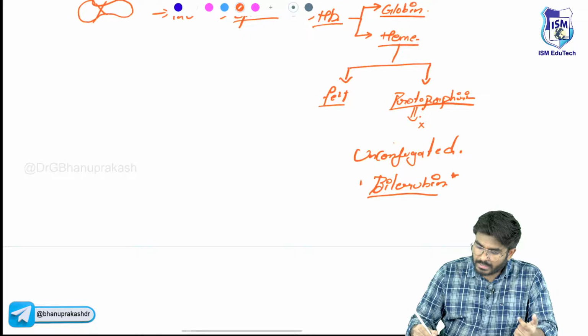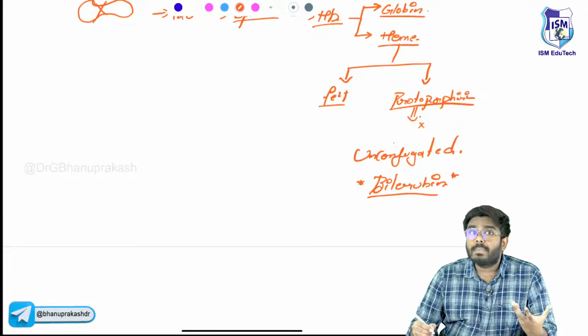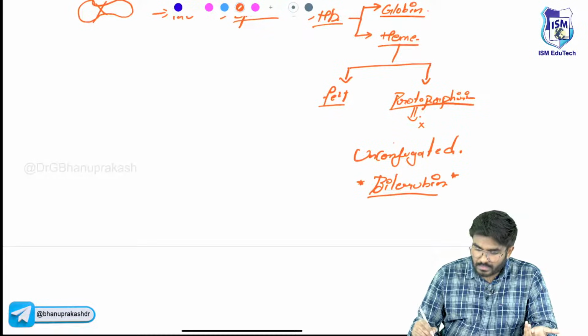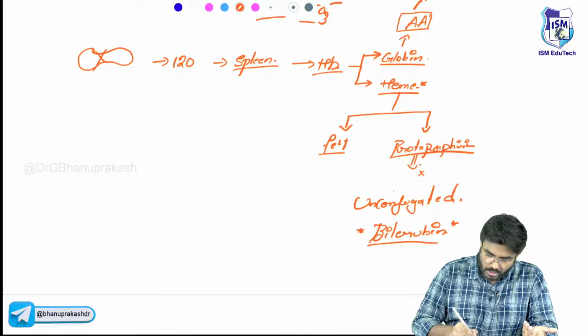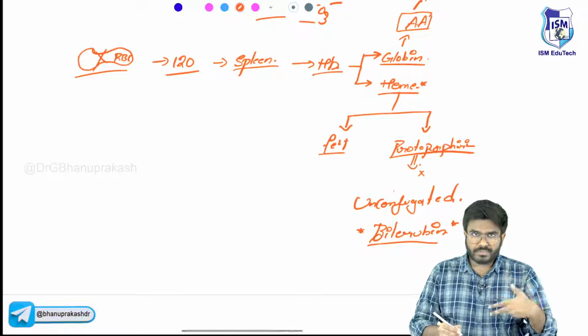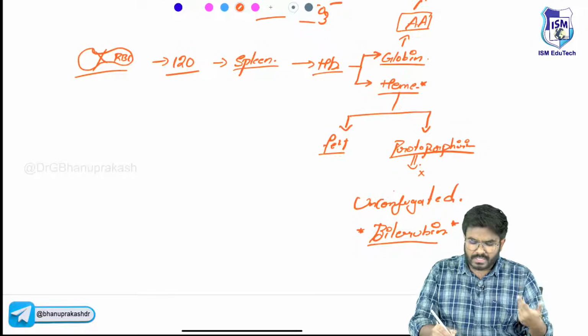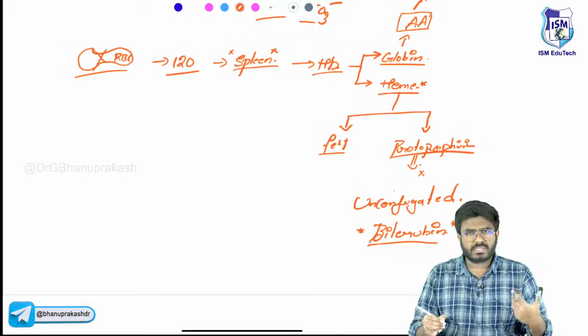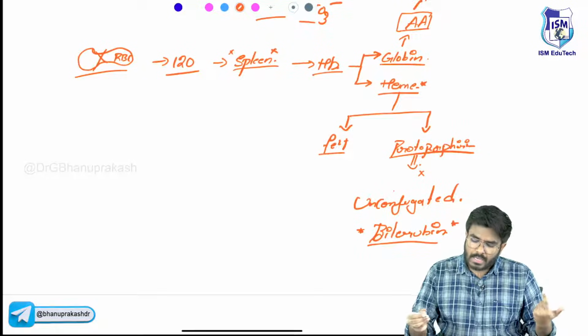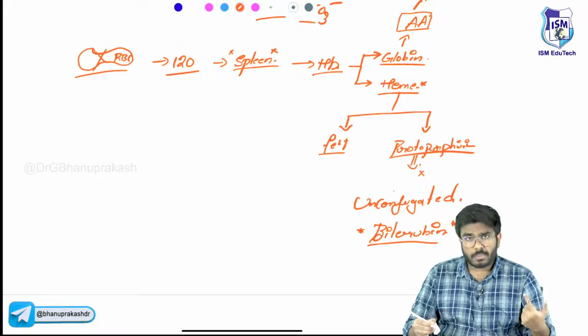So the bilirubin is a green color pigment. It's a bile pigment which is coming from the degradation product of RBC. When the RBCs are turned over every 120 days, they are destroyed in the spleen, or you can say in the reticuloendothelial system.